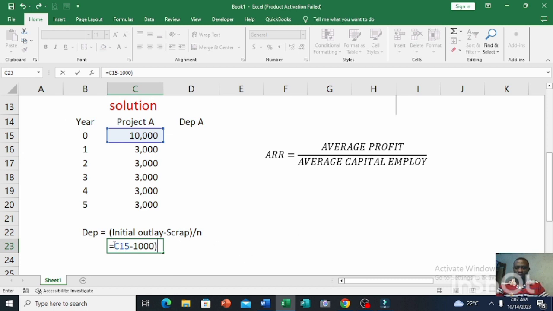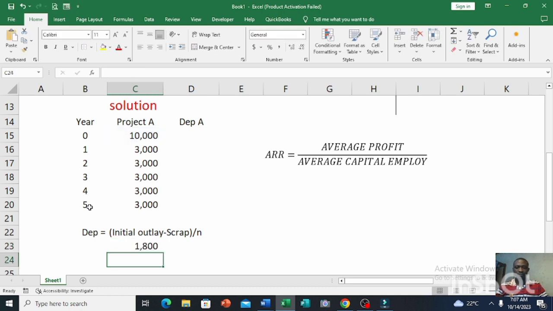Please follow me keenly. When you take this minus this on your calculator, you press equal to, and then divide by the number of years duration, which is 5 years. The depreciation is 1,800. They say it is the straight line method of depreciation, that's why we are using this approach.